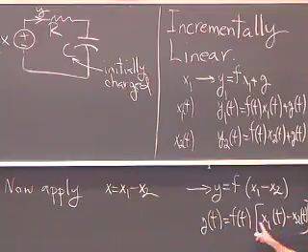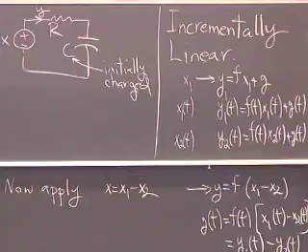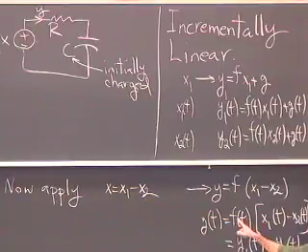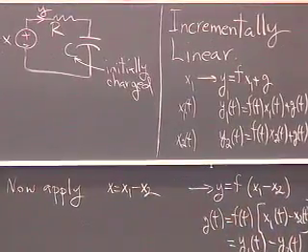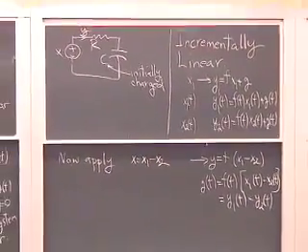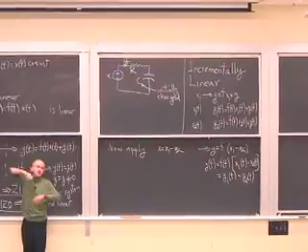Notice the relationship, which is, of course, y1 of t minus y2 of t. Notice the relationship between the difference between two input signals and the corresponding output signal. Now, this looks more like this system here, right? So incrementally linear systems behave linearly in terms of differences between input signals.